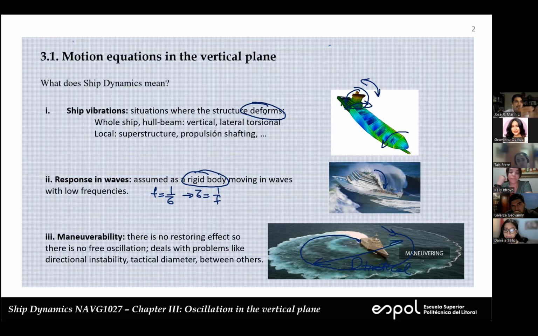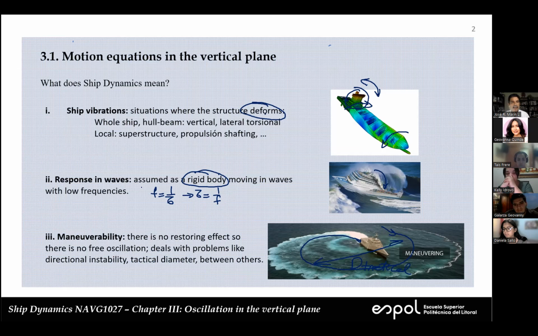But the rudder is in the center, and there are no currents, no wind. But it's unstable. It's a problem that is interesting to analyze. So that's the type of problems that they deal with in maneuverability.